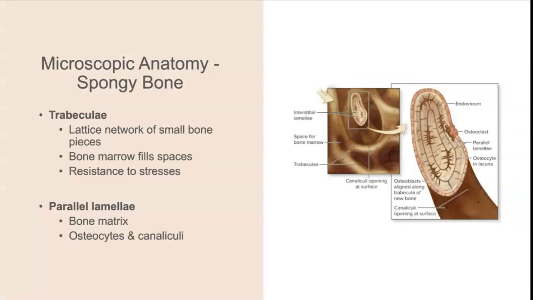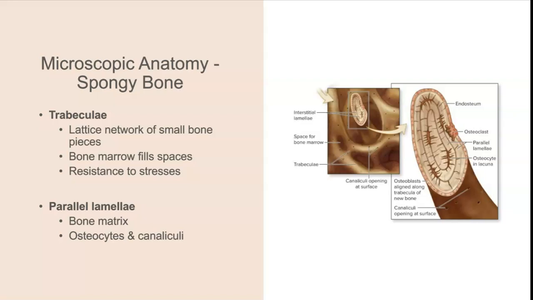Spongy bone is not made up of osteons. It's made up of trabeculae. So trabeculae form a bridge of rods and plates of bone. Bone marrow fills in between the trabeculae in the spaces, like the holes in a sponge. When a segment of spongy bone is looked at microscopically, you can see parallel lamella that are composed of bone matrix.